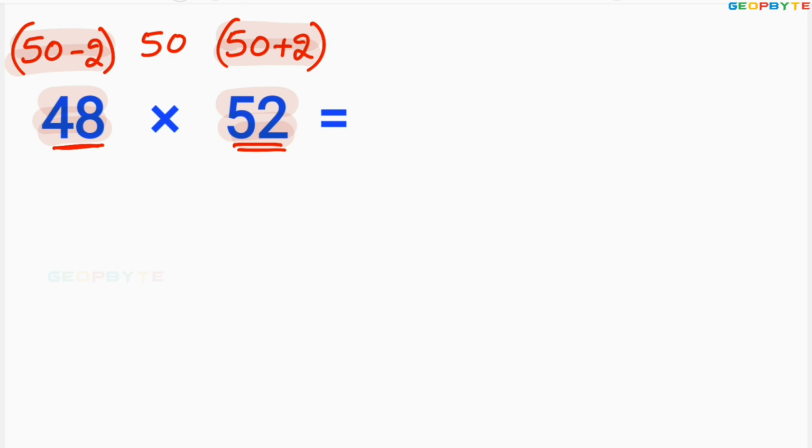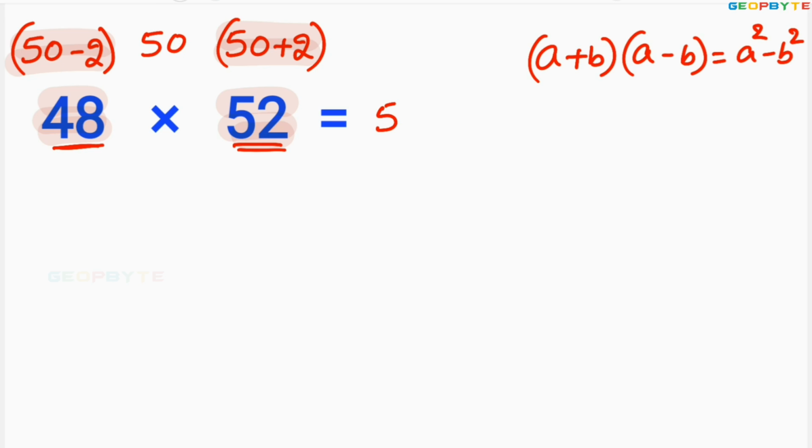As we all know, (a plus b) into (a minus b) is equal to a square minus b square, isn't it? Then you can write 50 square minus 2 square.